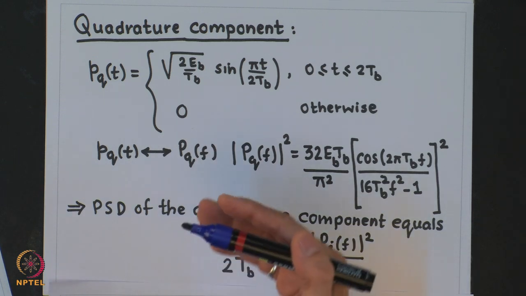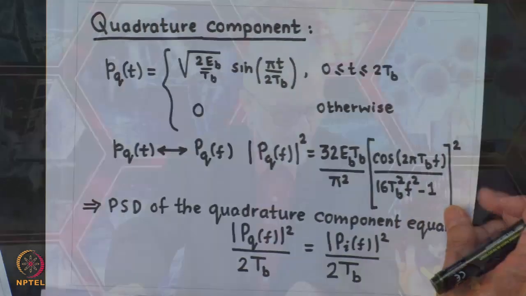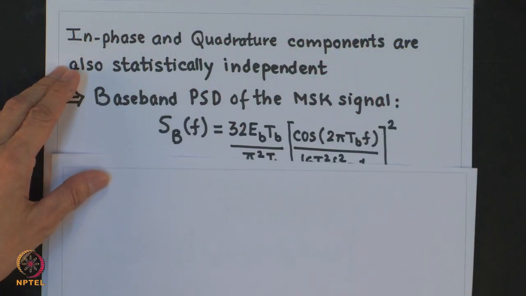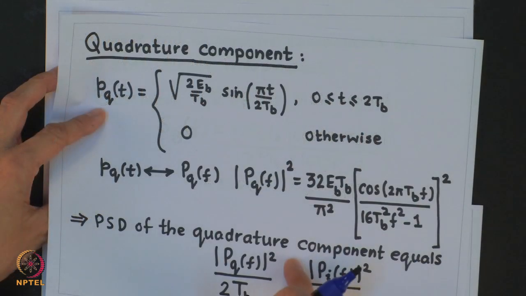Since both the in-phase and quadrature components are statistically independent, we can get the baseband power spectral density of the MSK signal as the summation of the two, correct. And if we do that, it becomes twice of this quantity.